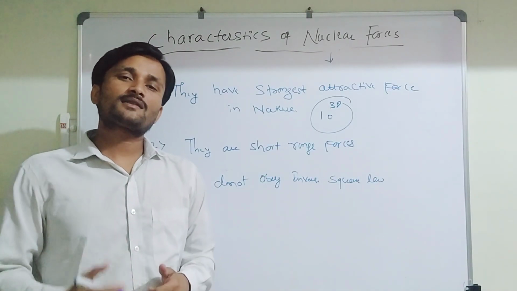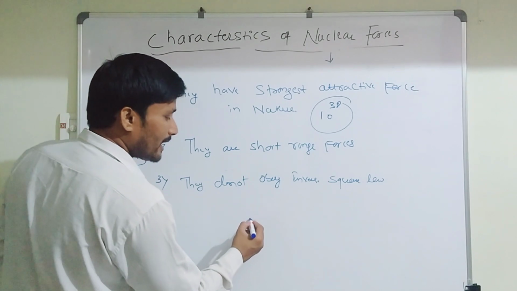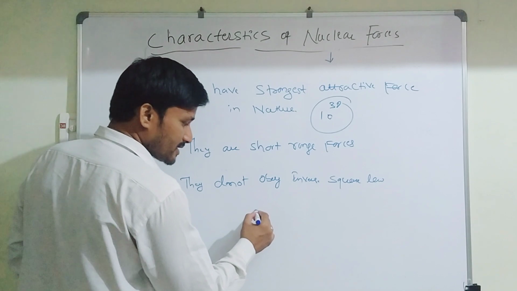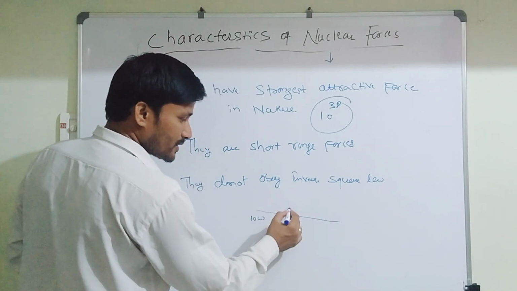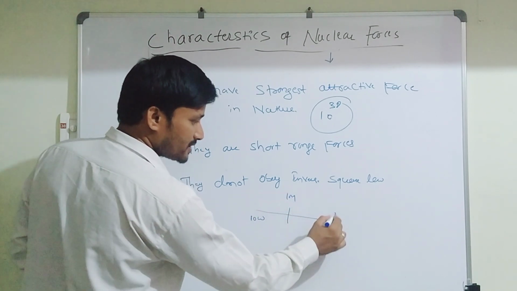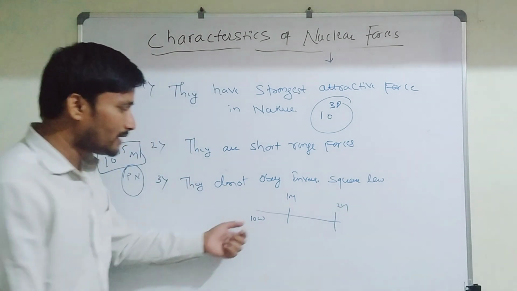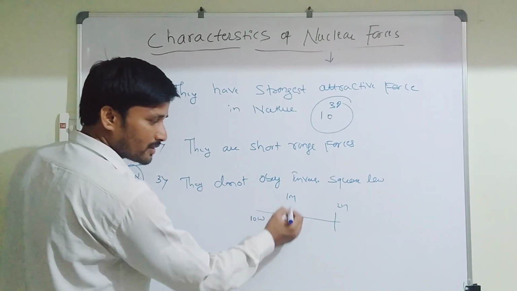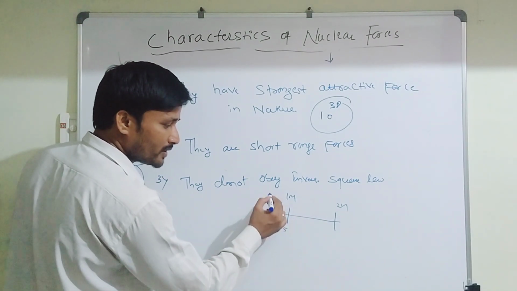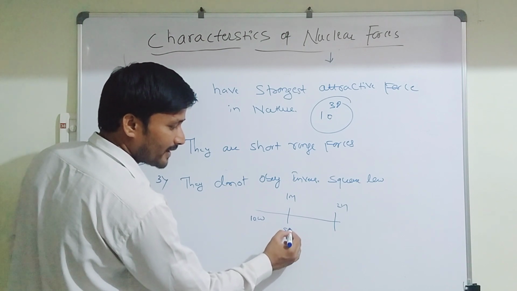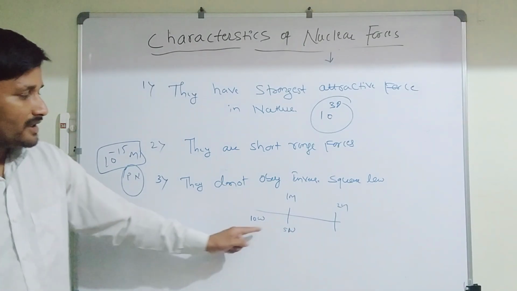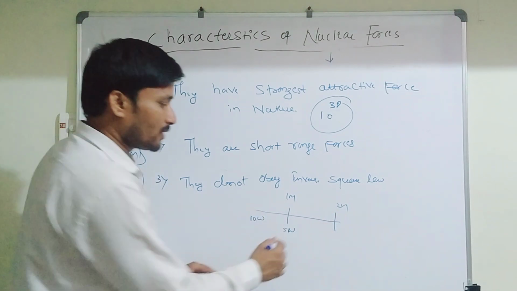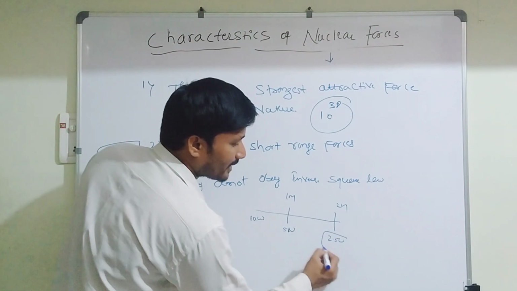What do we mean by inverse square law? See here, I have an amount of energy, 10 watt. When this energy travels a distance, this is 1 meter, and this is 2 meter. When the energy reaches 1 meter, it decreases and we get 5 watt. When it reaches 2 meter, we might think half of 5, around 2.5 watt, but it's not like that.